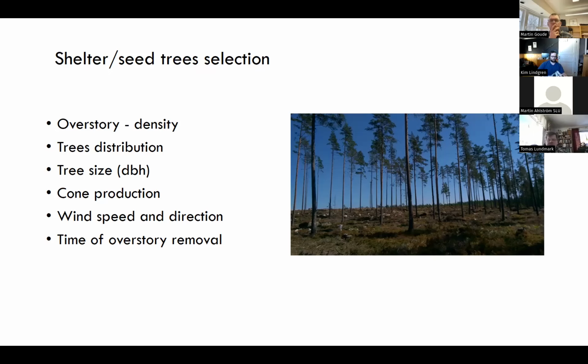So basically, conducting shelterwood cuts could be compared to doing thinnings at a very late stage, so it increases the risk of damage to the remaining stems. And then you also need to think about when to remove your stems, and that's something that I will talk about a bit later.